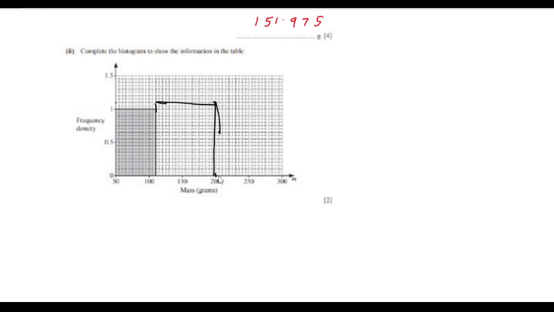Then from 200 to 300 my answer is 0.41, which is a bit below 0.5, somewhere around 0.4. So a rough sketch like this. So this is your histogram. All right, done.